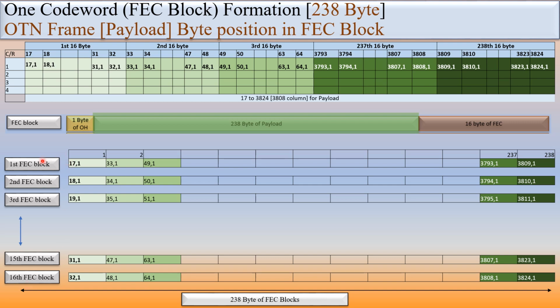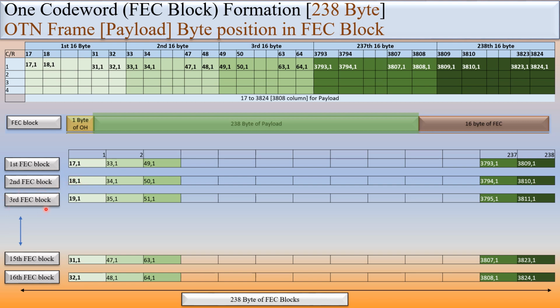In the first FEC block, there will be 238 bytes from the payload area. Which will be the first byte among these 238 bytes? The first byte is from the first 16-byte group, and that will be 16.1. In the same way, the second byte of the group is placed in the second FEC block, first byte.